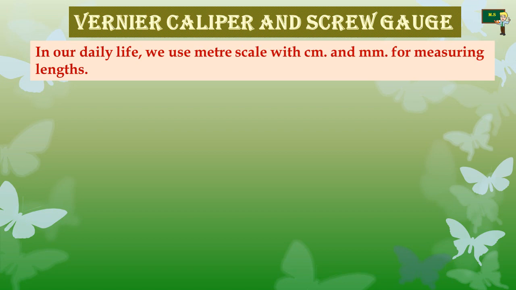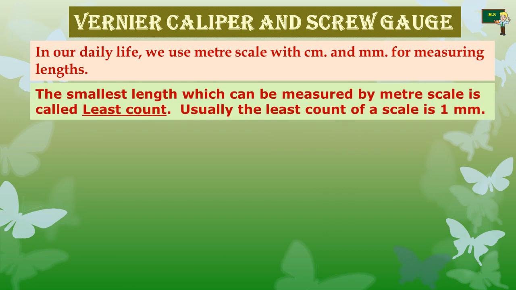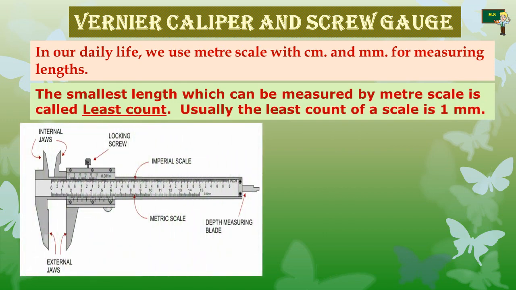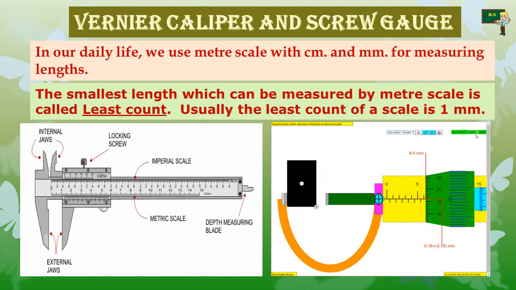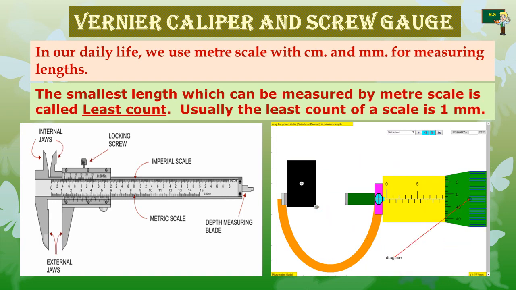Usually the least count of a scale is 1 millimeter. We can measure the length of objects up to millimeter accuracy using this scale. But this scale is not sufficient for measuring the size of small spherical objects such as a ball or small thread. So vernier caliper and screw gauges are used.